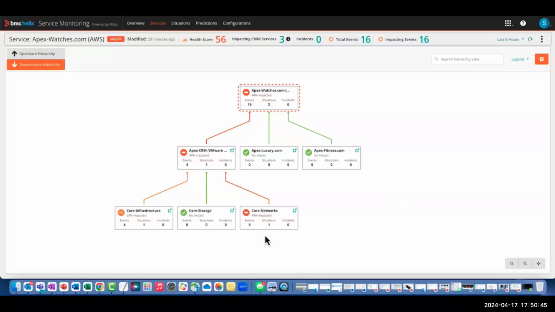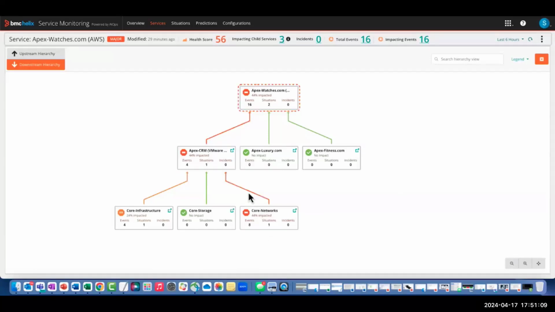So if I hover over this, this shows me that the core network service impacts my CRM service that's running on VMware on-prem, which is impacting my apexwatches.com service.